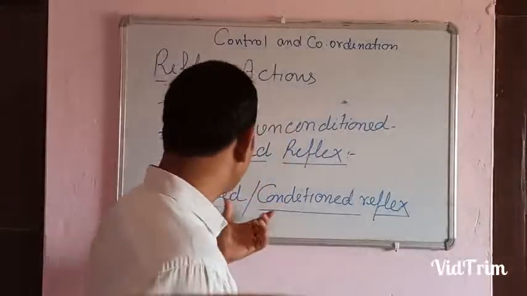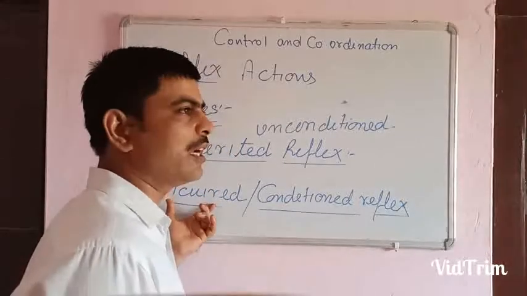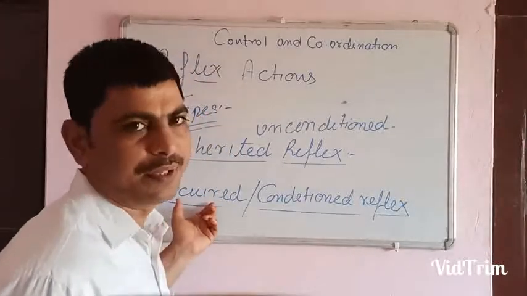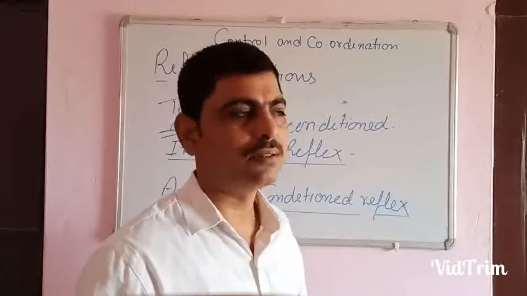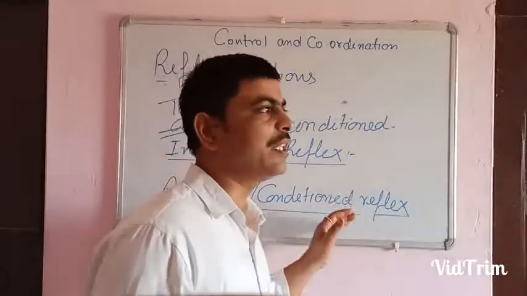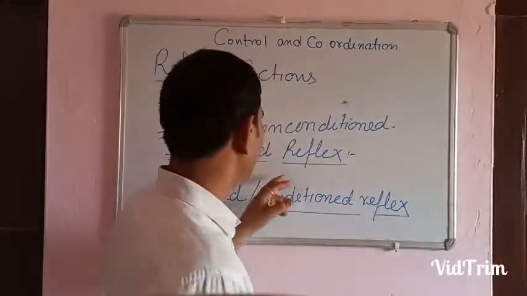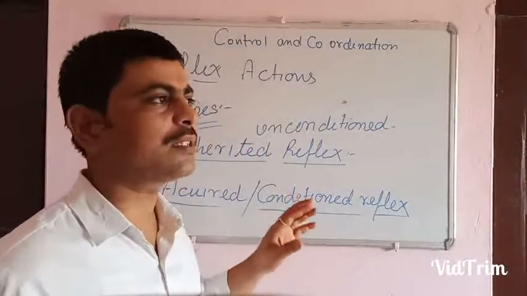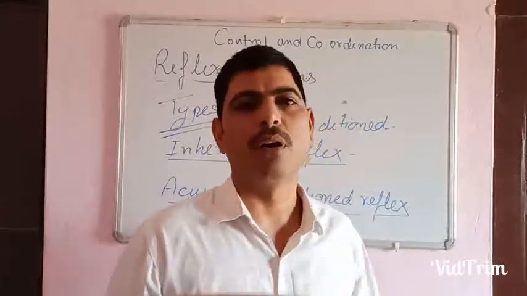So they are acquired, and once you learn it, it becomes a habit. Likewise, swimming is also an acquired habit, learned by the organism in their life, and not inherited.